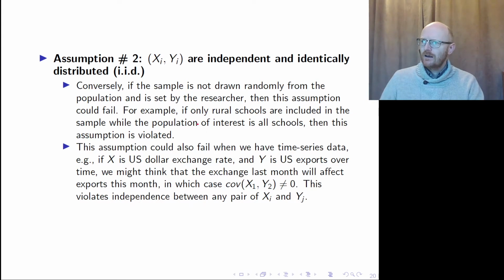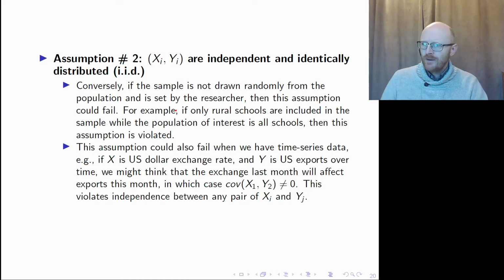Continuing, if the sample is not drawn randomly from the population, then this assumption might not hold, because the researcher might be biased towards drawing from a subset of the population.